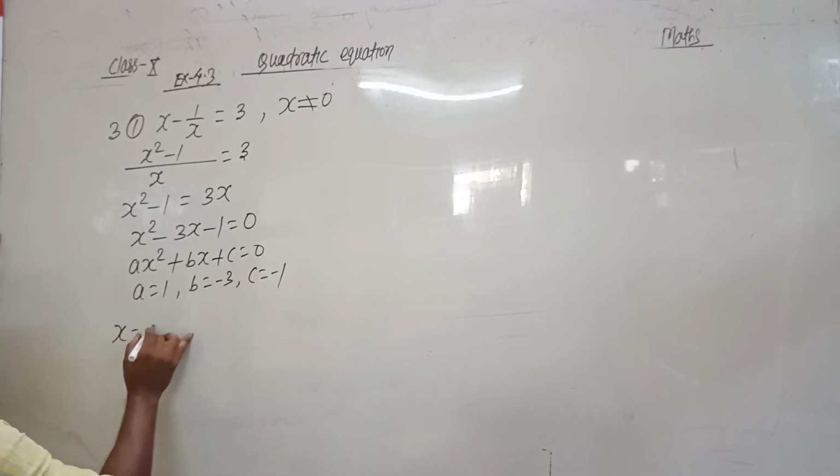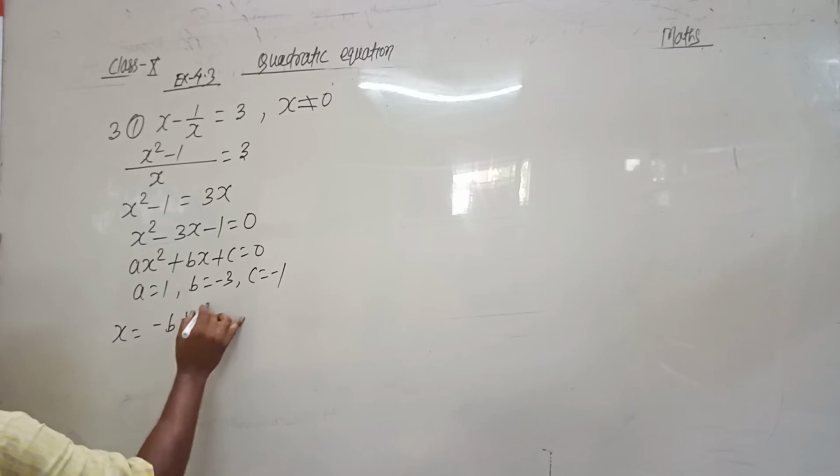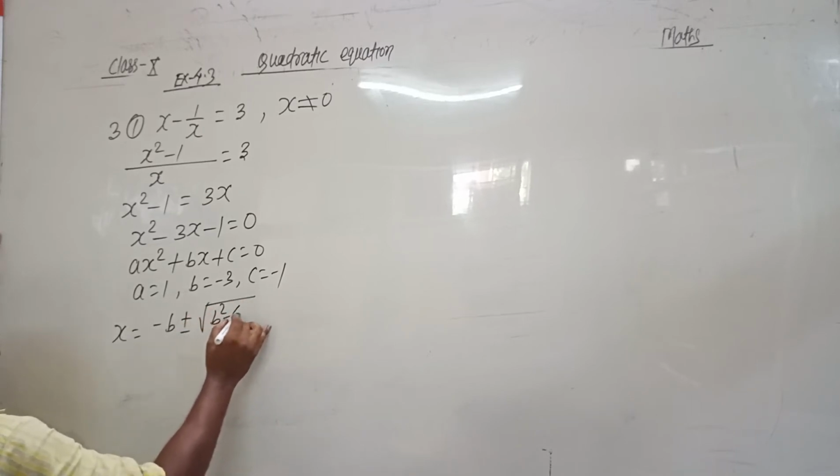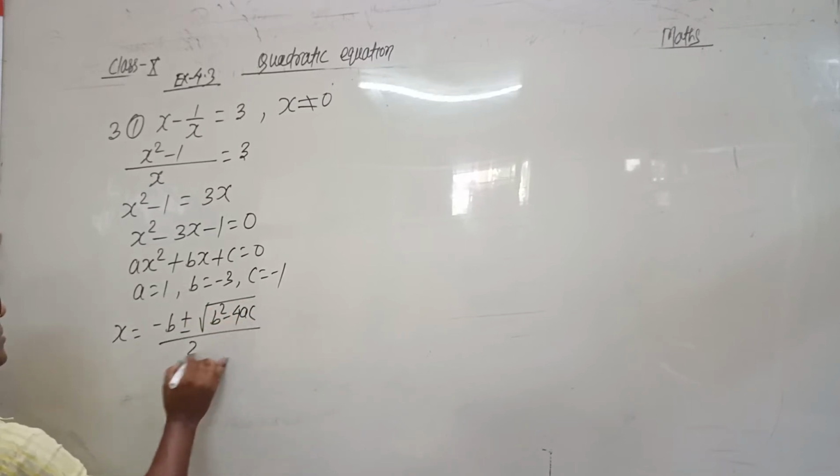Write down the formula: minus b plus minus root over b square minus 4ac upon 2a.